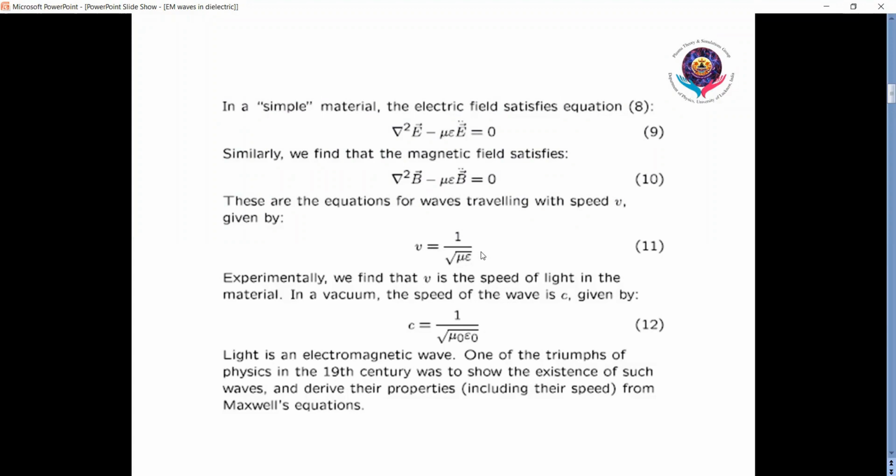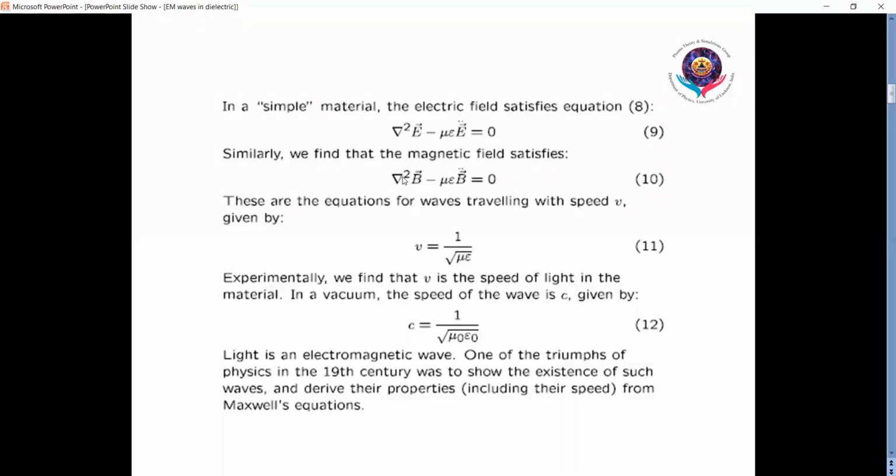And the velocity is given as 1 by under root mu epsilon, that you already know. And in the relativistic case, the velocity of light is equal to 1 by under root mu 0 epsilon 0. From these equations, we see that E and B are the functions, and del square minus mu epsilon del 2 by del t2 can be taken to be an operator. We take E outside and let the other term remain inside.